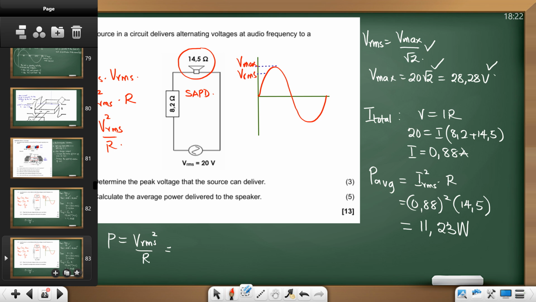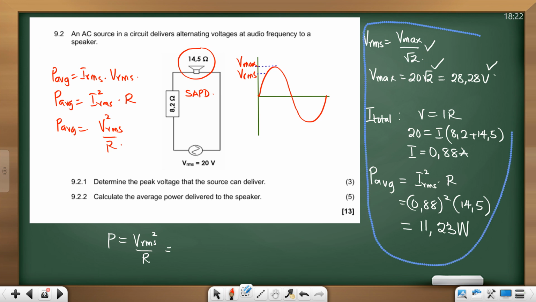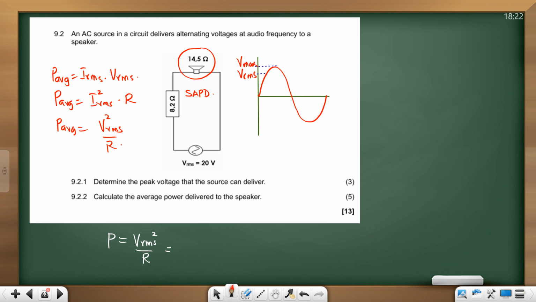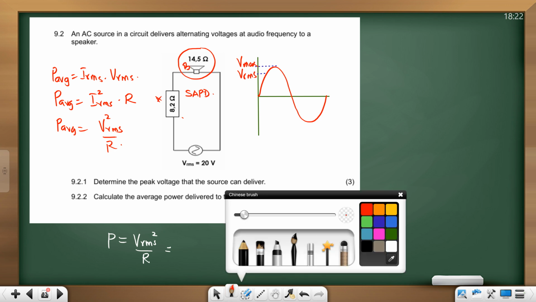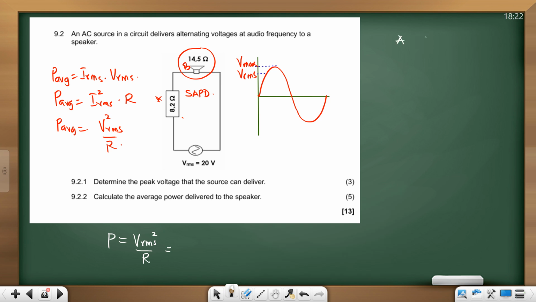So what I know is that current is the same. Check this. Can I call this A and call this B? So if I have A and B, what is the resistance here? In A, 8,2. What is the resistance here? 14,5 ohms, right?